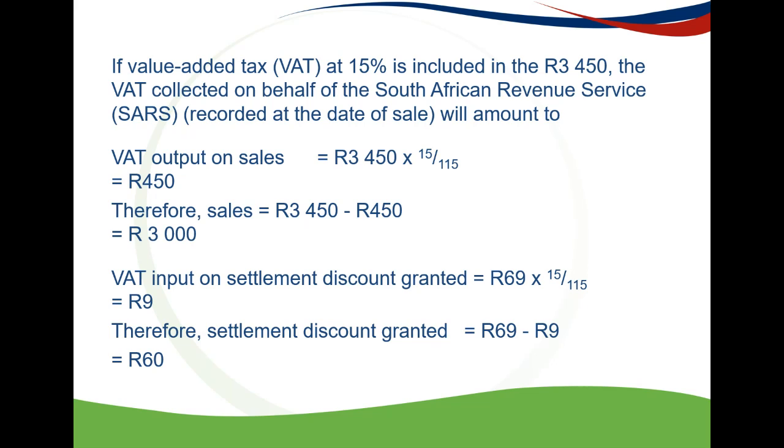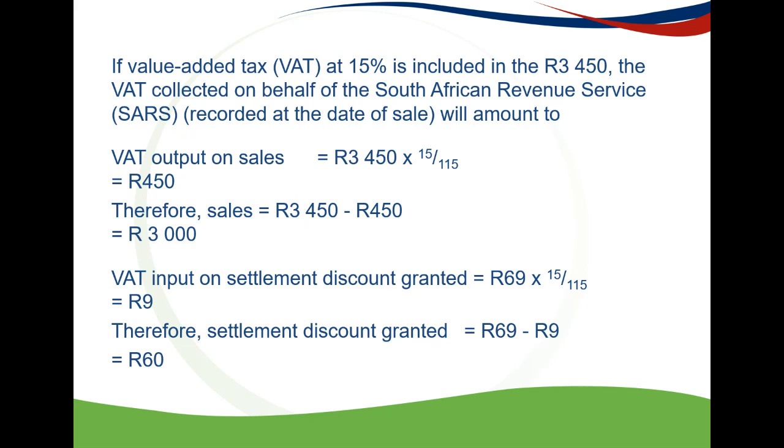So when we calculate the VAT on the settlement discount granted, that VAT will be a VAT input, whereas in my previous calculation on the sales, the VAT is a VAT output, because that is, like I said, with my income. When I calculate VAT on an expense, that VAT will be a VAT input.